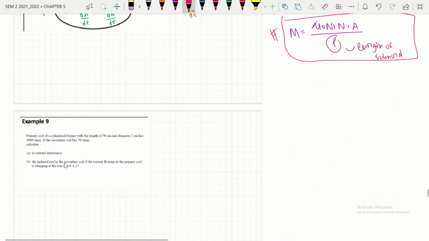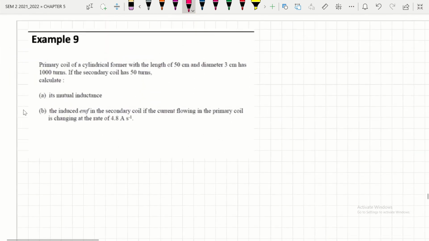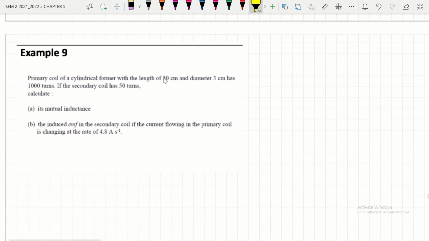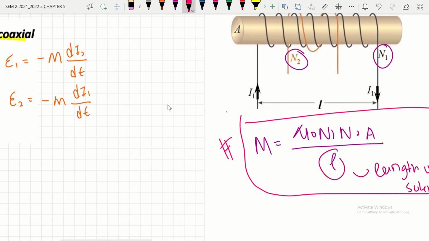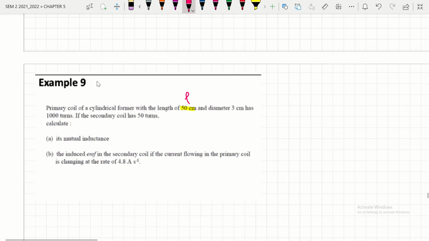Now let's look at example 9. The question says the primary coil is on a cylindrical former with a length of 50 cm. This is the case for two coaxial solenoids, where you have two coils turned around the cylindrical former.